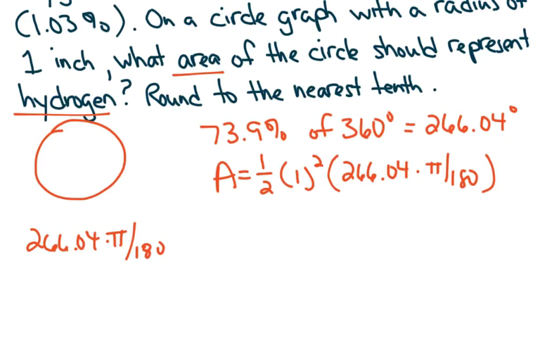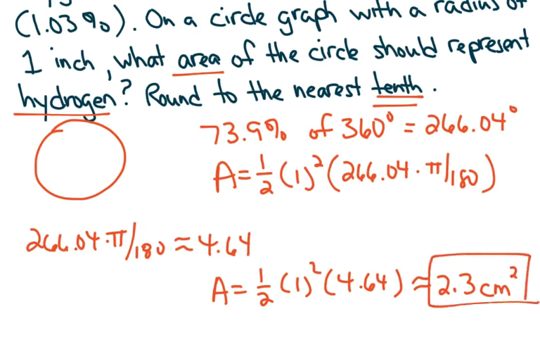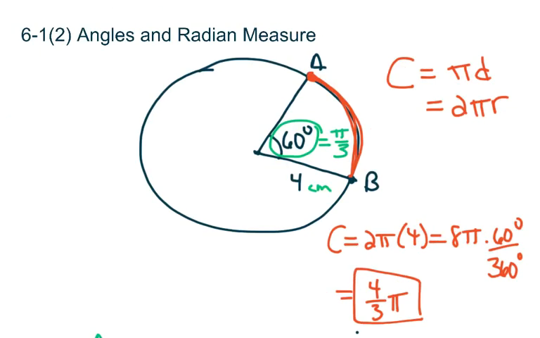So 266.04 times pi over 180 is going to give you about 4.64 radians. So then when you go find the area, you're going to get the answer as approximately, and since we're rounding to the nearest tenth, we're going to say 2.3 centimeters squared is the area of the circle that will take up hydrogen. And that is angles and radian measure part 2.